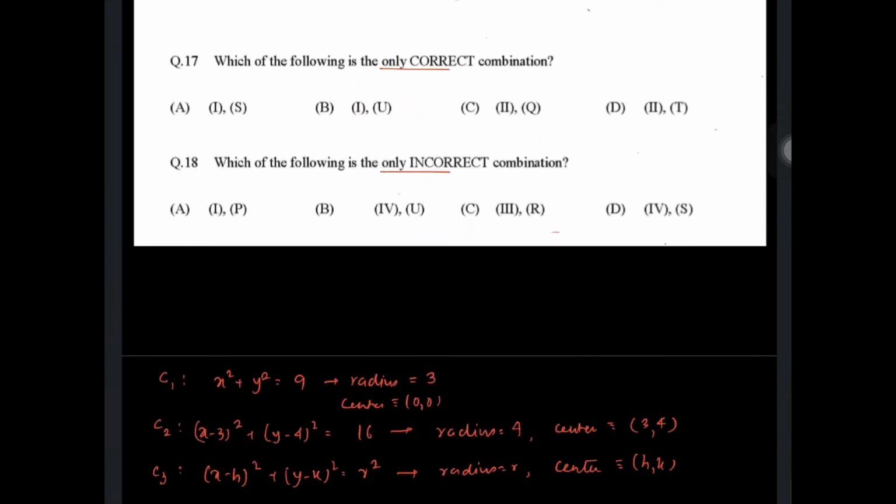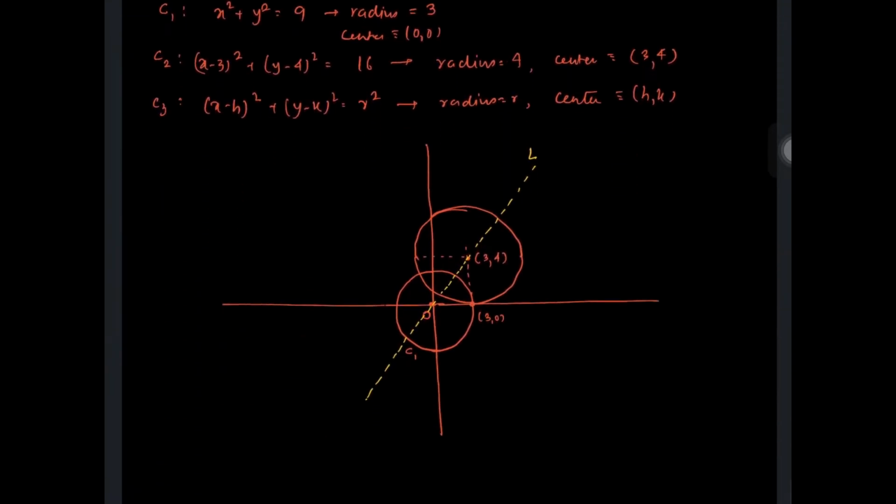So if I draw a circle, let's say in this manner, so I have a circle in which C1 and C2 lie inside it, but it is not touching them. So to touch, I want to shrink this circle. So this point will touch at this and this point will touch at this.